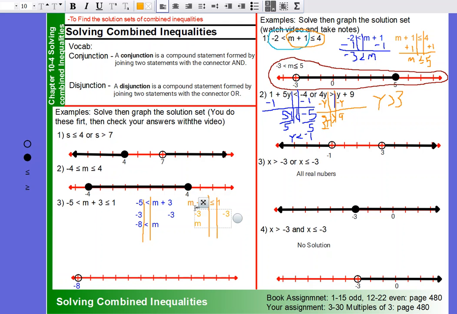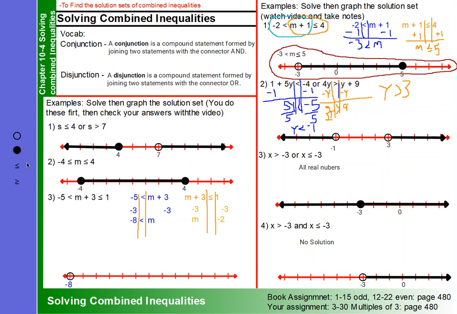I'm going to drag the sign in a moment. And 1 minus 3 is negative 2. The sign is going to remain the same, so I'm going to take that sign and duplicate it. There we go. This is going to require us to have a closed dot because it could equal.